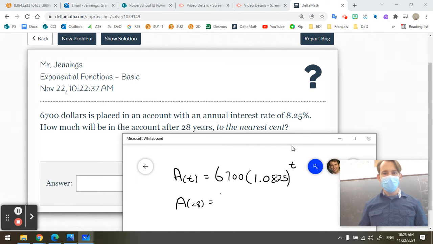Well, that's equal to, someone punch it on the calculator for me. It's going to be 1.0825 raised to the power 28. Let's watch me punch that on the calculator.